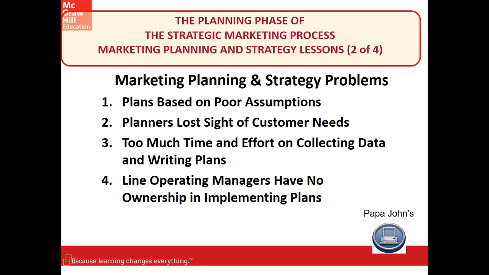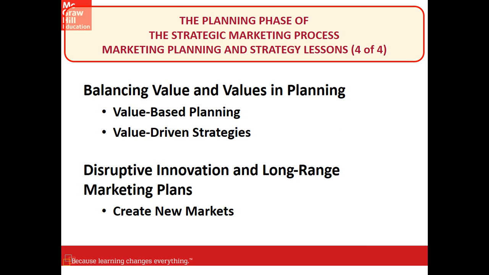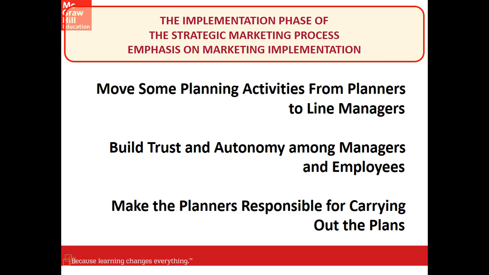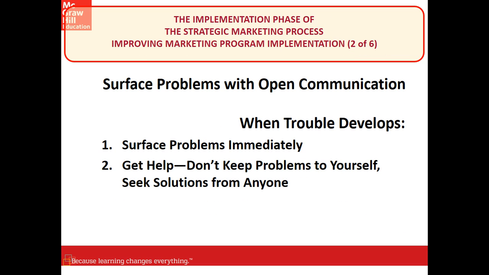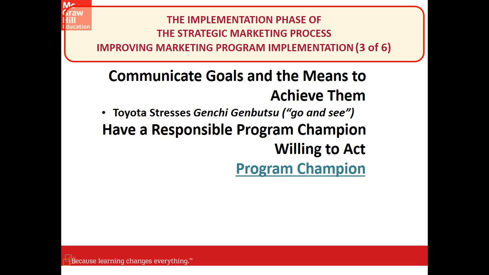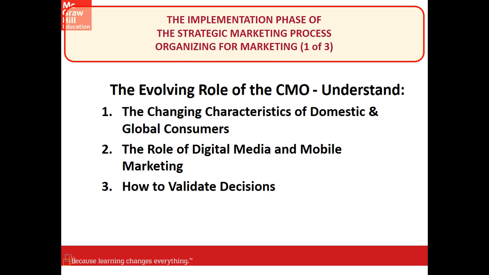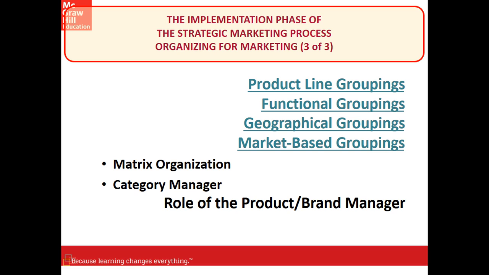And then marketing planning and strategy problems. Okay. You need to balance values in planning. Okay. And let me see. Okay, and what is a program champion? Okay, the concept of program champion. Okay. And what is the CMO, Chief Marketing Officer, okay, or Vice President of Marketing?